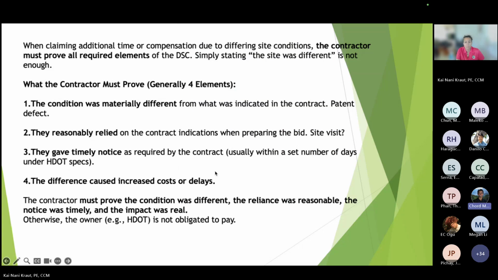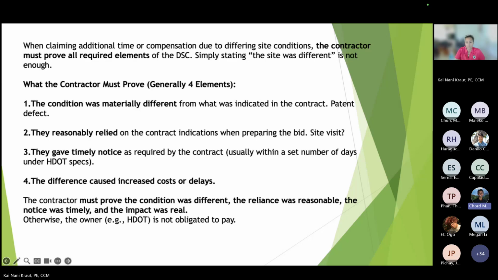So when claiming additional time or compensation due to DSC, the contractor must prove all of the required elements. And obviously, simply stating the site was different is not enough documentation to support a claim or change that will likely follow. So the four elements that the contractor must prove.